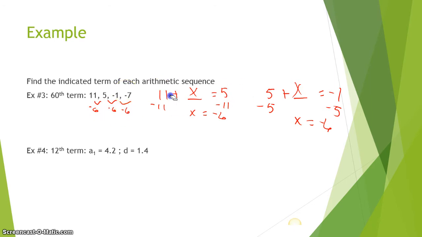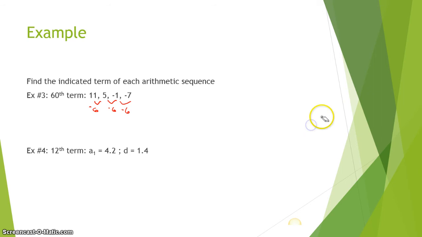So since that is my common value between each term, I'm going to use the equation a of n equals a of 1 plus n minus 1, where n is that nth value, so this would be my 60th term, times your common difference d.